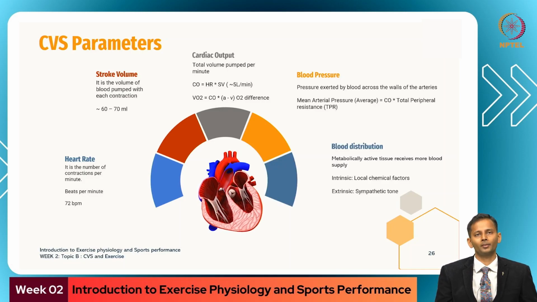And the final parameter is the blood distribution, because it is also important that the right amount of blood is distributed to the needy tissue. That is where the component of blood distribution comes into play.